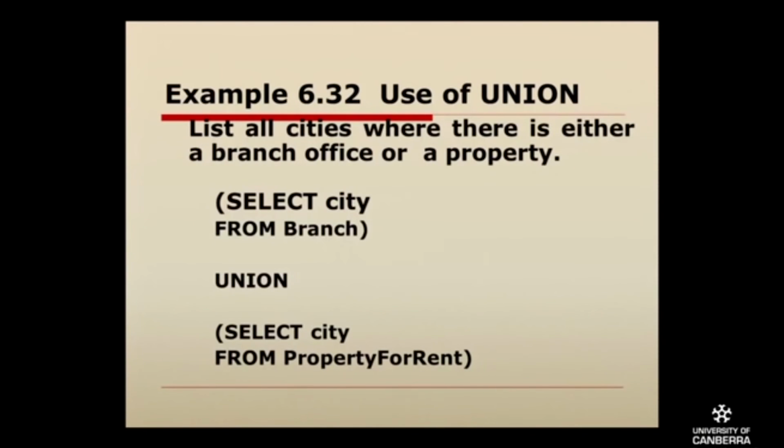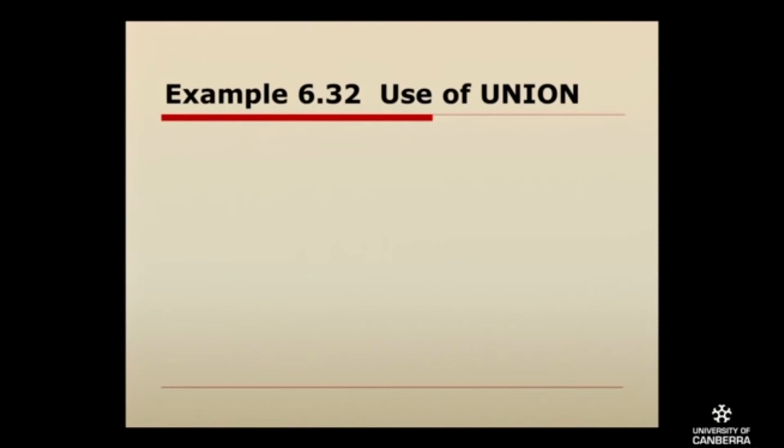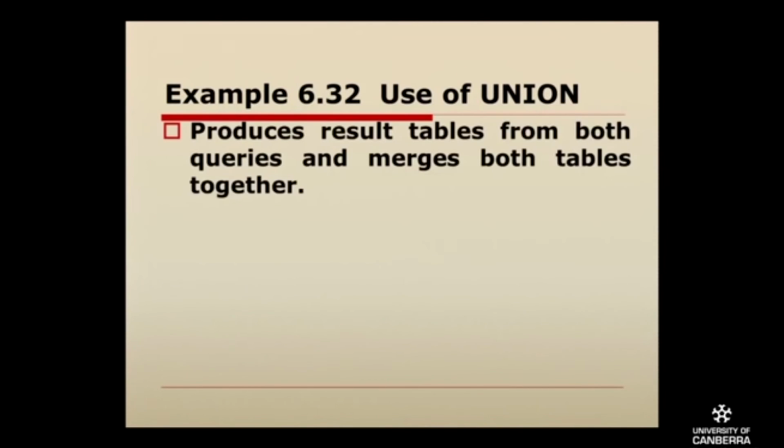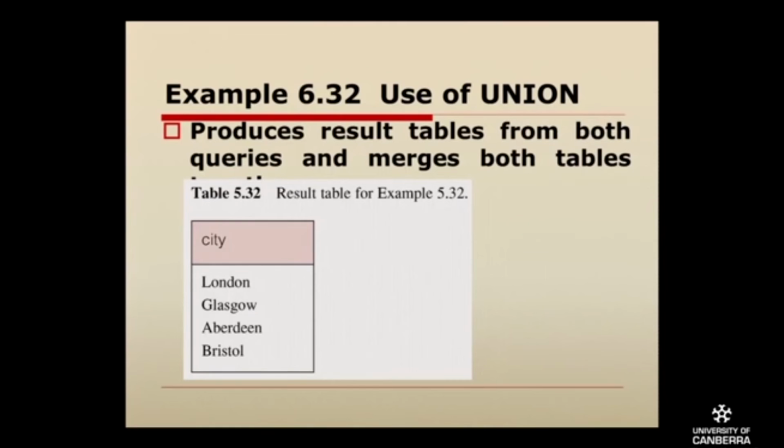And there's no relationship between the tables. So here it is, all the cities. Some of them are from the branch table, some of them are from the table property for rent.